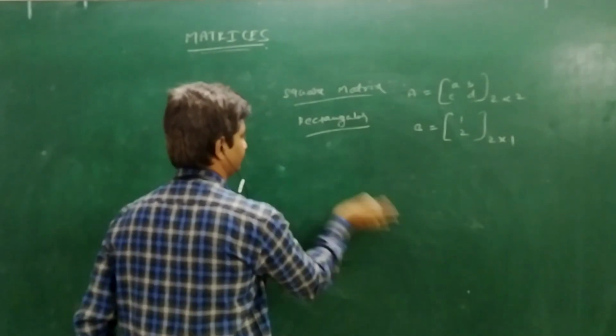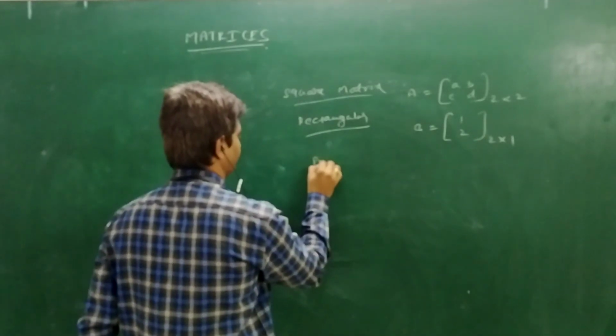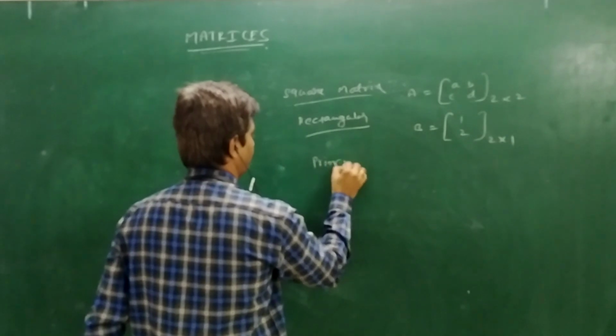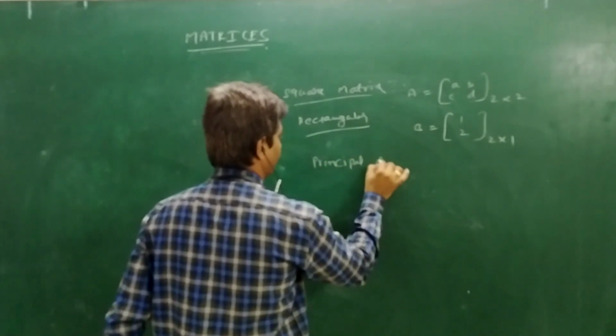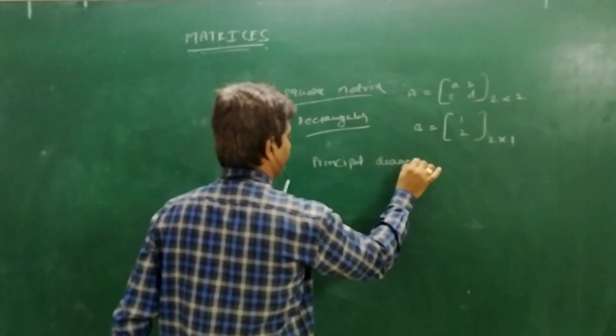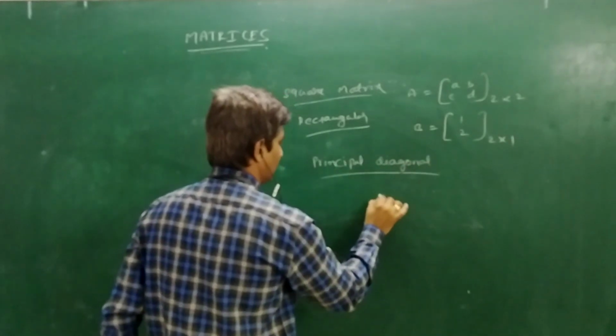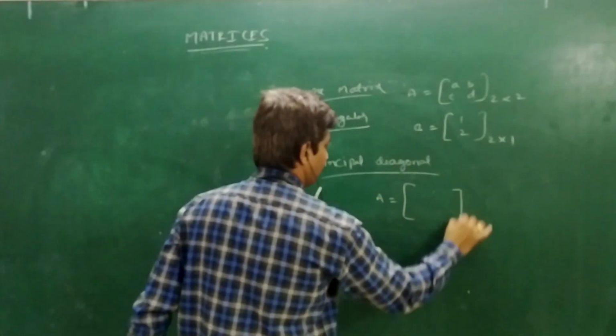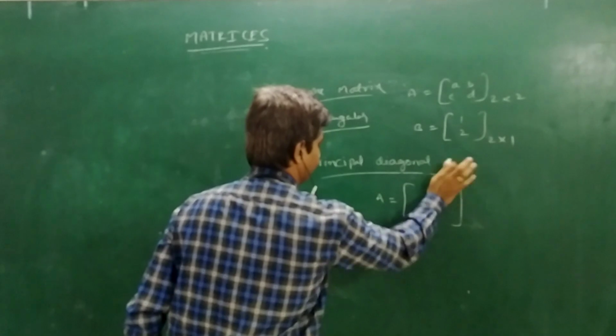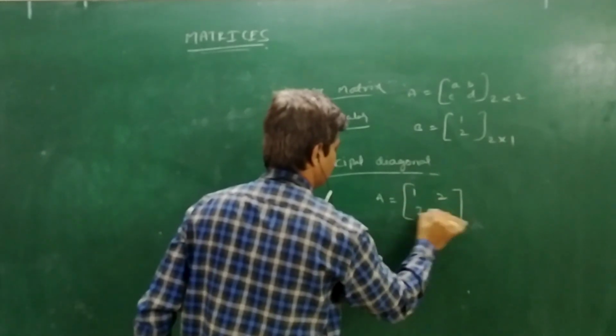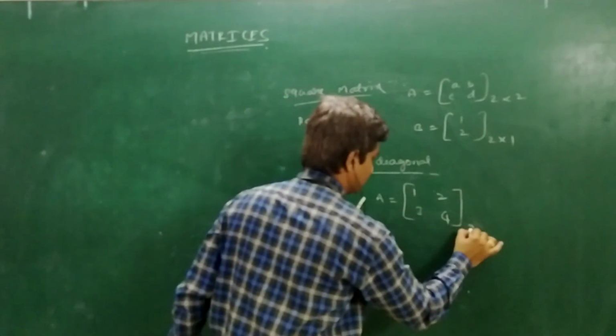Next, principal diagonal. Let us say a square matrix 1, 2, 3, 4. This is a square matrix.